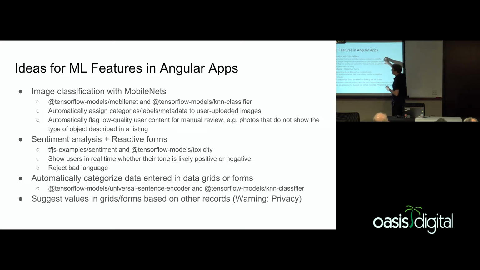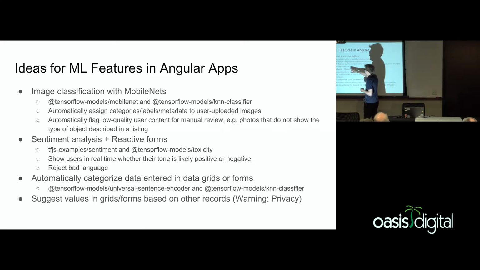Does something like this. The idea here is you could automatically assign categories, labels, or metadata to user uploaded images. So if someone hasn't chosen a category for an image they just uploaded, you could automatically sort them to different categories and leverage that to have less of a manual interface.